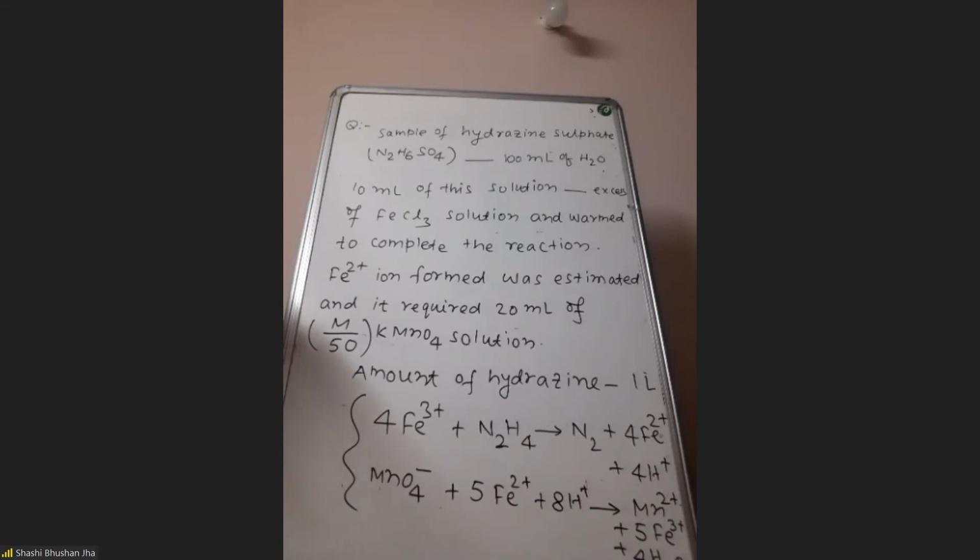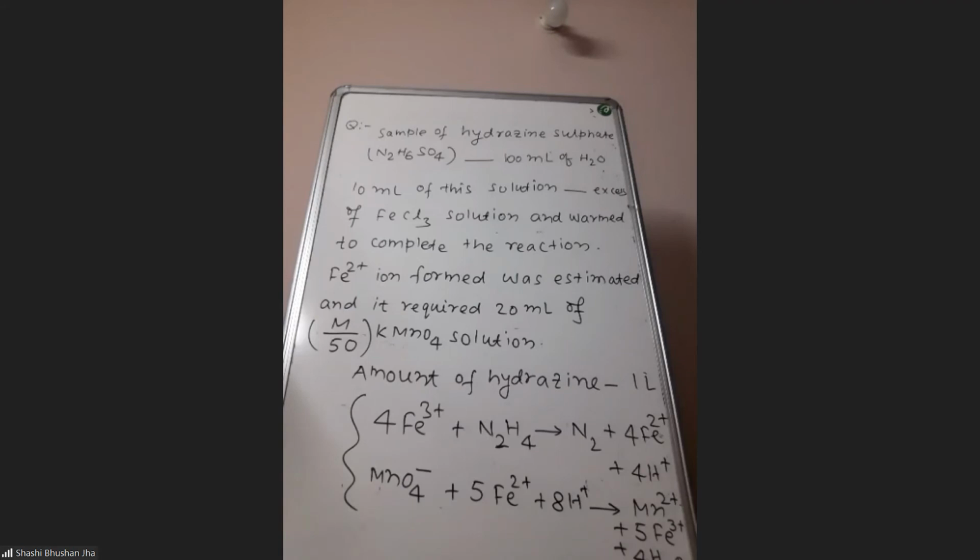It is very clear from there that hydrogen is reacted with ferric chloride. It is giving nitrogen, ferrous, and H+. Now, in the question, they have said that you have taken a sample of hydrogen sulfate and dissolved it in 100 milliliter of water. After that, you have taken 10 milliliter of the solution and that was reacted with excess of ferric chloride. Now, when hydrogen is reacted with ferric ion, you are getting nitrogen and ferrous.